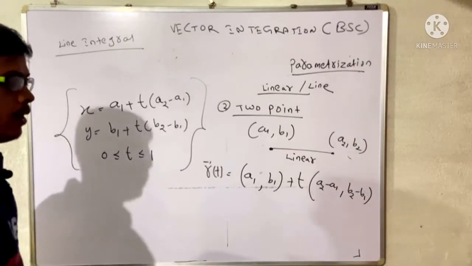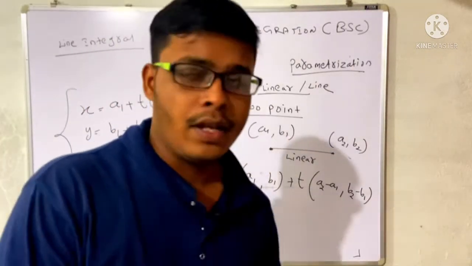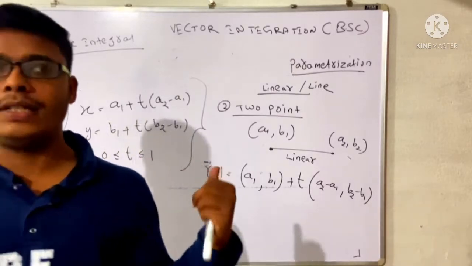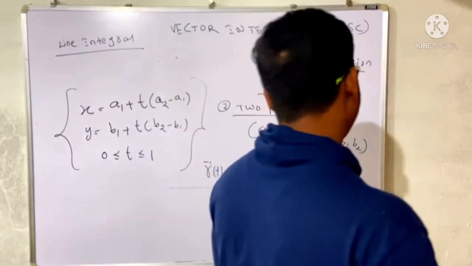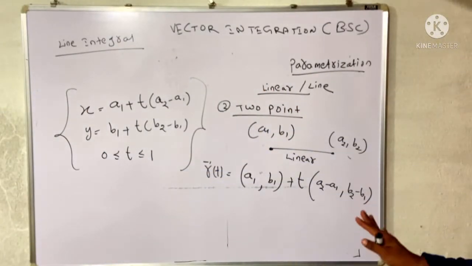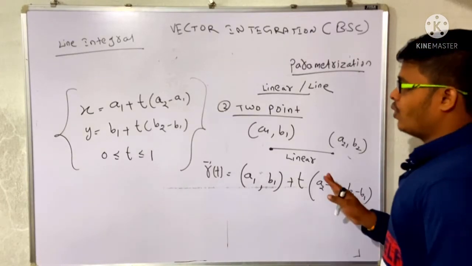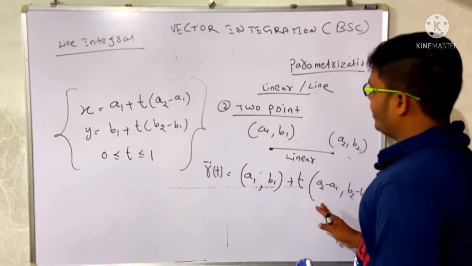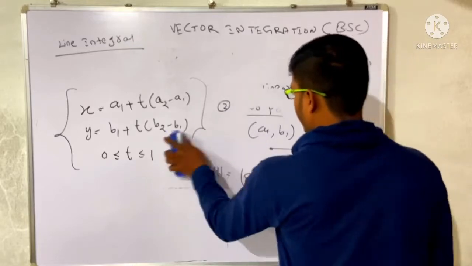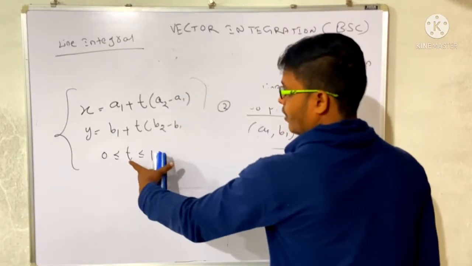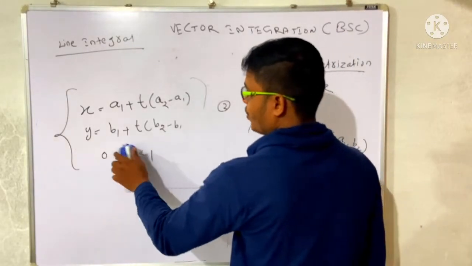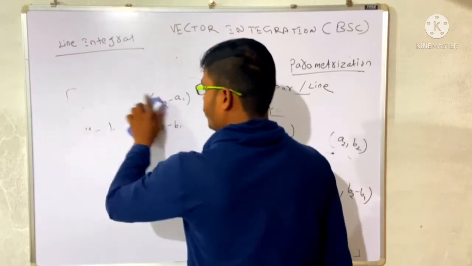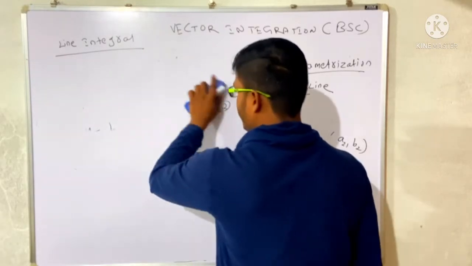We use this. Why are we studying this parameterization? Because using this parameterization we can solve line integrals. Okay, so this is linear parameterization. Remember the limit is important, t from 0 to 1. Why are we taking t from 0 to 1?